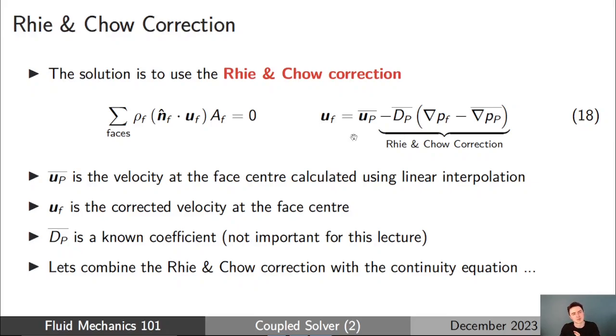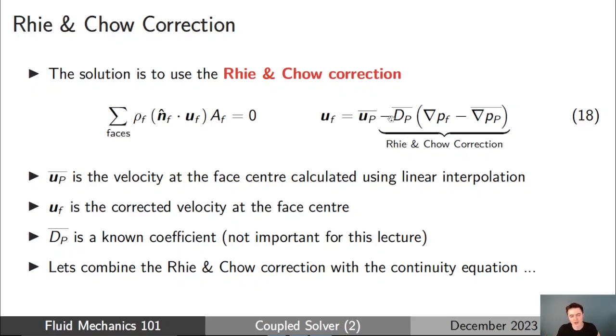But briefly speaking, for this talk, all we need to understand is that the velocity at the face center, UF, the velocity we would be using in our continuity equation, we take the value that we calculate using linear interpolation. That's what we used in our previous example, the obvious, straightforward approach that you might think to use, taking the value between those two centroids.